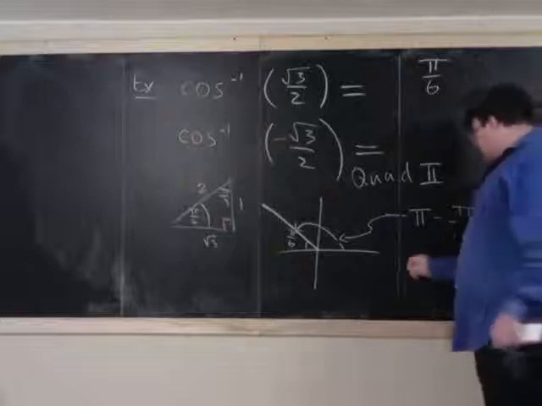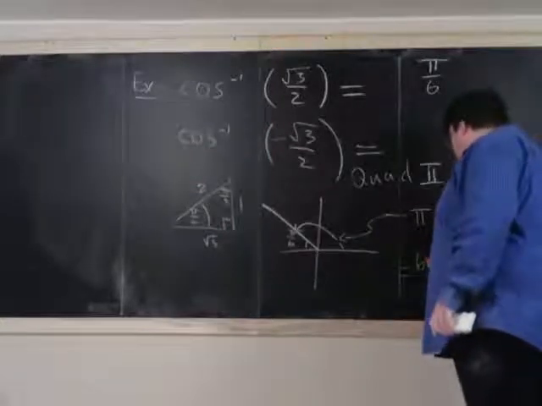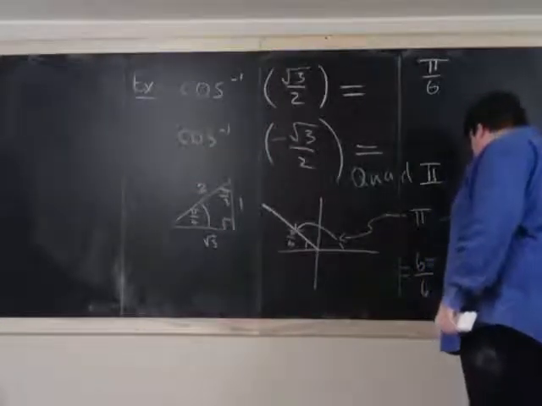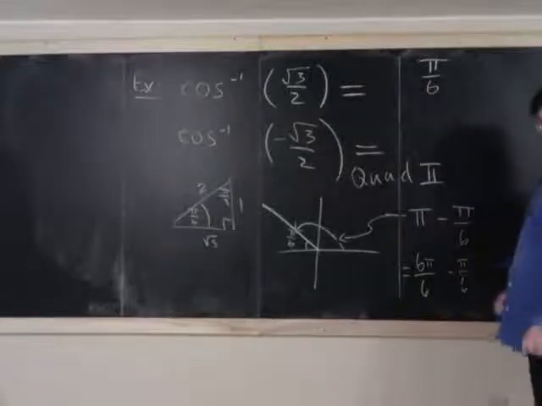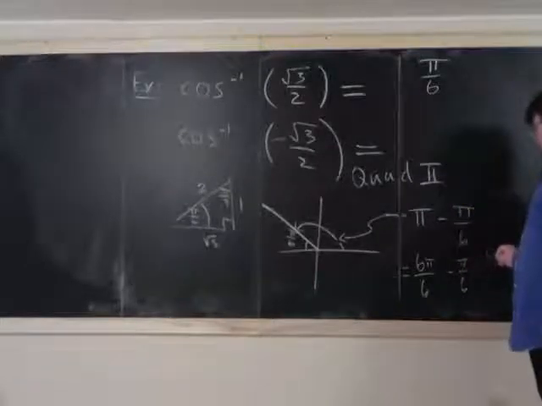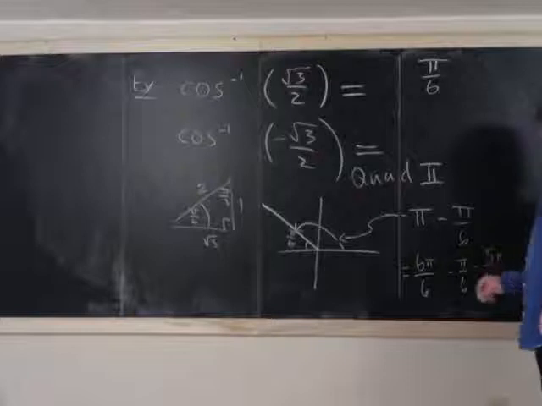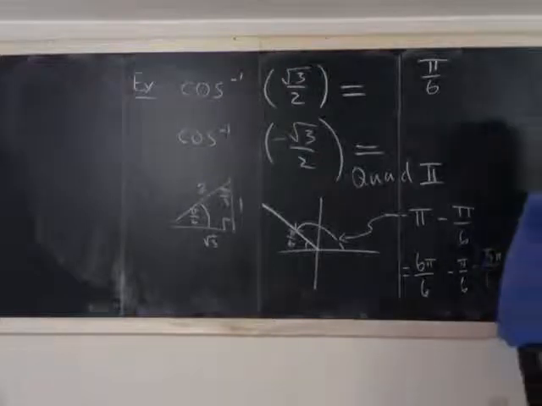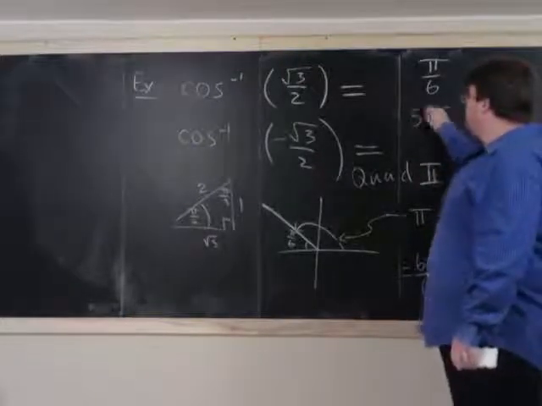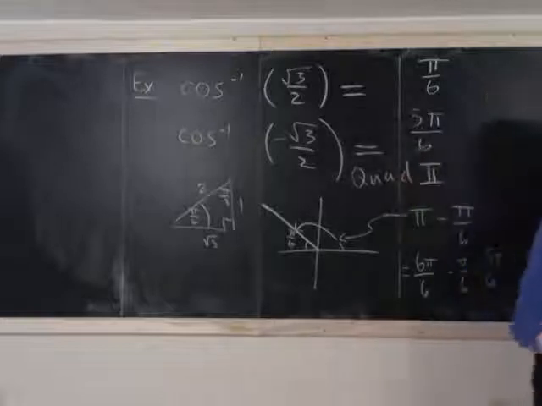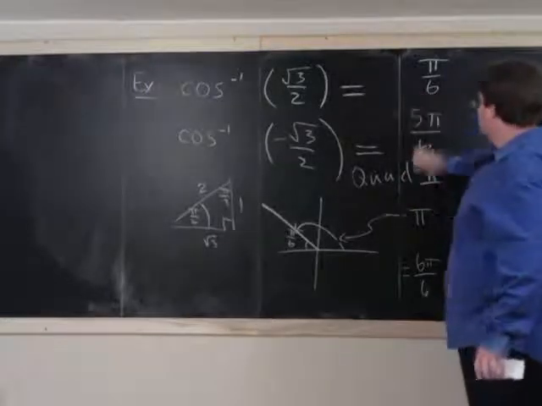Well, pi without pi over 6 is what? 6 pi over 6 without pi over 6. 6 and negative 1 make 5. So we get 5 pi over 6. And that's our answer.